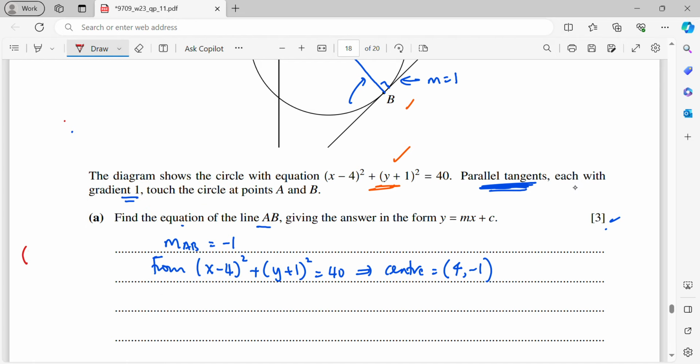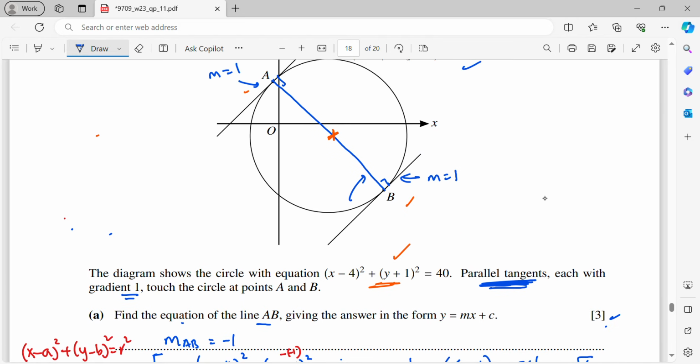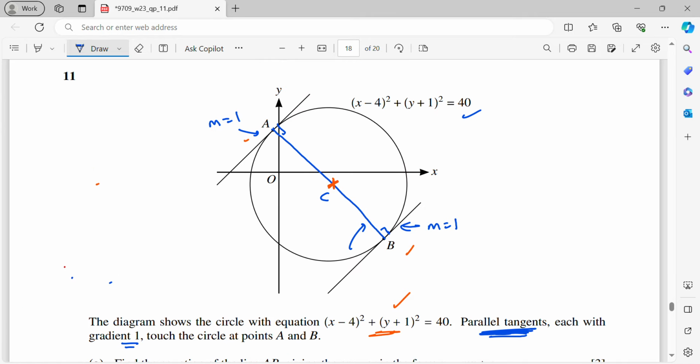It will be x minus a squared plus y minus b squared equals r squared. So this plus 1 you change to minus of minus 1. Therefore, I get minus 1 over here. And then the radius is square root 40 because this is r squared. Now, since I know that the AB is a diameter, this is a center, okay, with coordinates 4, minus 1.